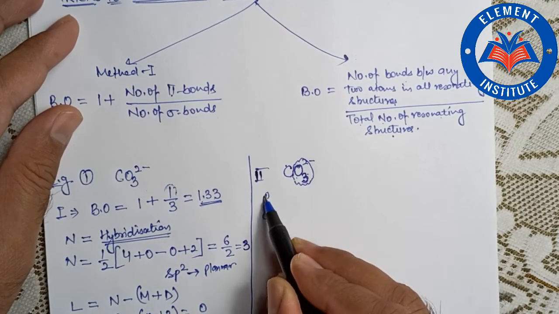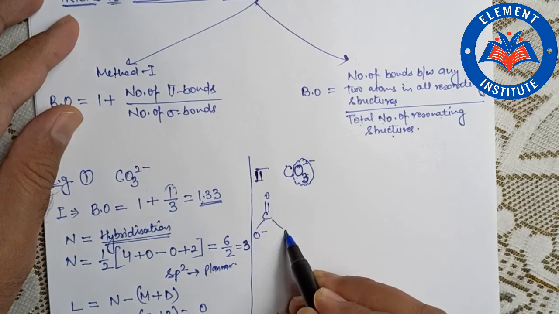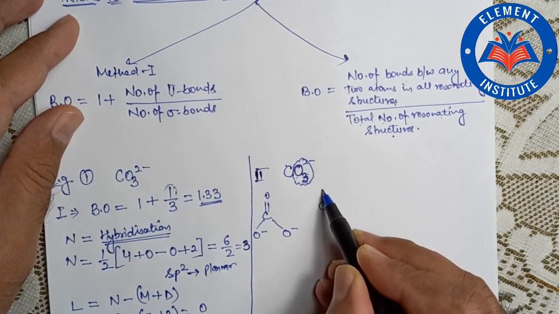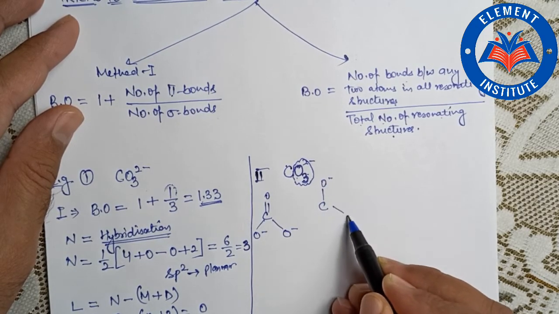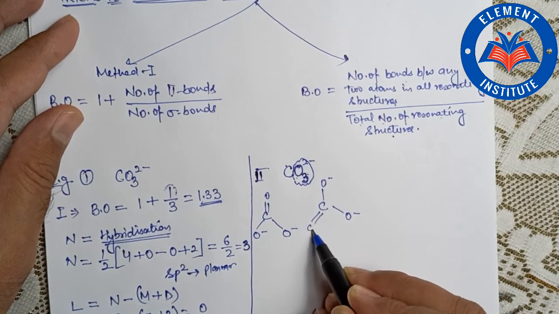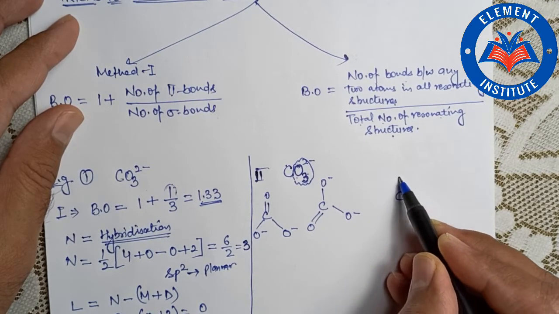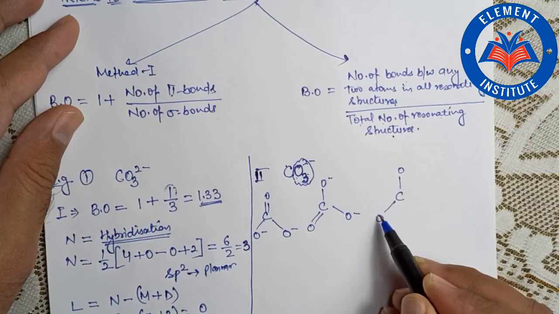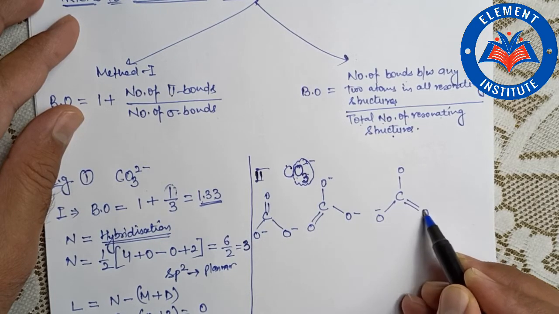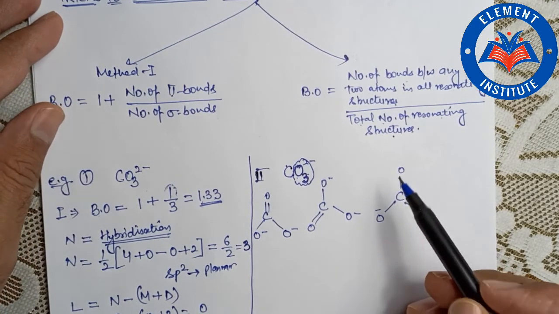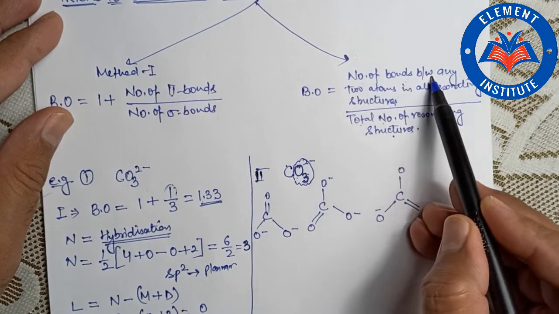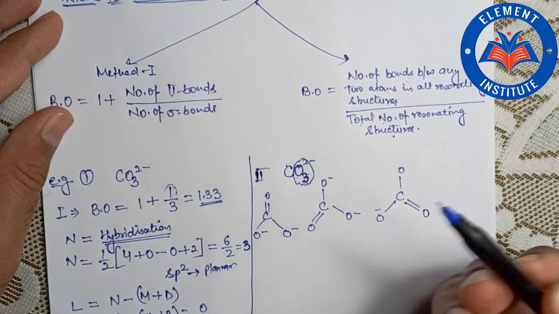It will have one structure like this, another like this, and one like this. So for the number of bonds between any 2 atoms, you can take any 2 atoms.